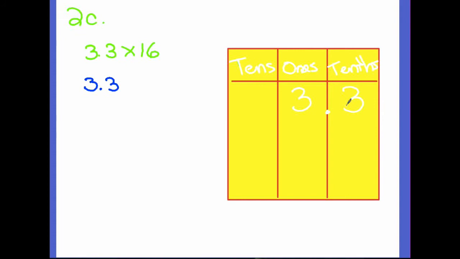Decompose? No. Good. If you multiply it by 10, remember your numbers, your decimal goes to the right, and your numbers would end up over here, right? So times 10.